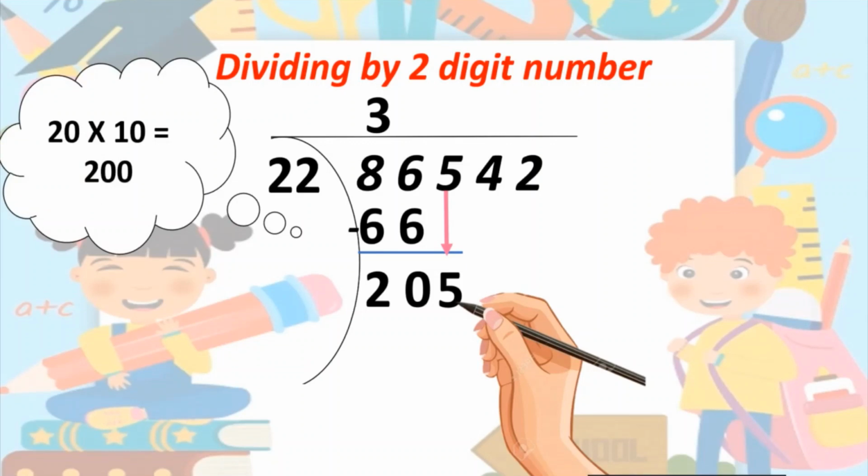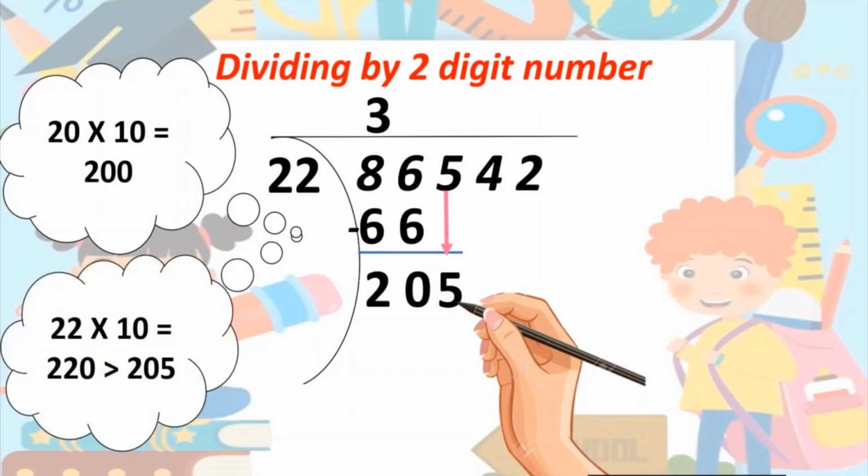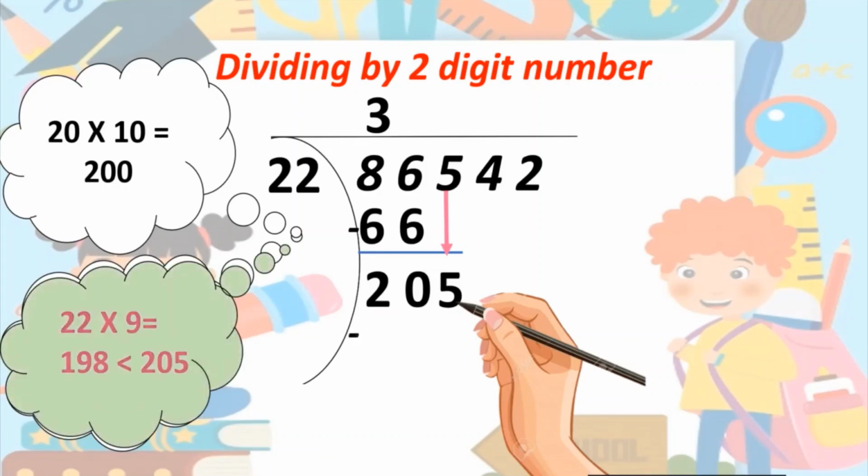But here if we multiply 22 by 10, we get 220, which is greater than 205. So let us try multiplying 22 by 9. So when we multiply 22 by 9, we get 198, which is less than 205.